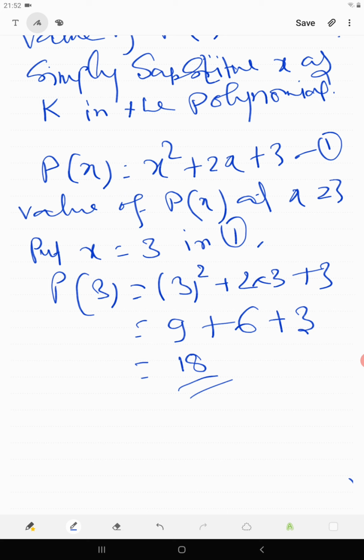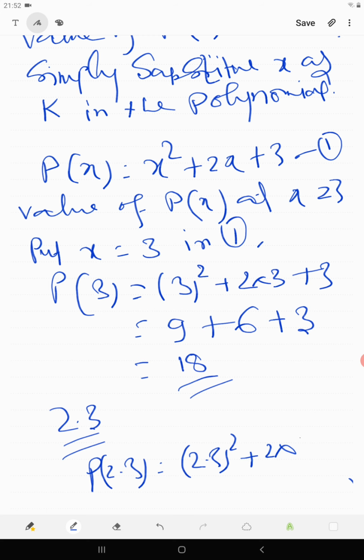It can be a real number also, in some decimal form, like 2.3. What is the value of px? I can find it, right? P 2.3 equals 2.3 whole square plus 2 into 2.3 plus 3.